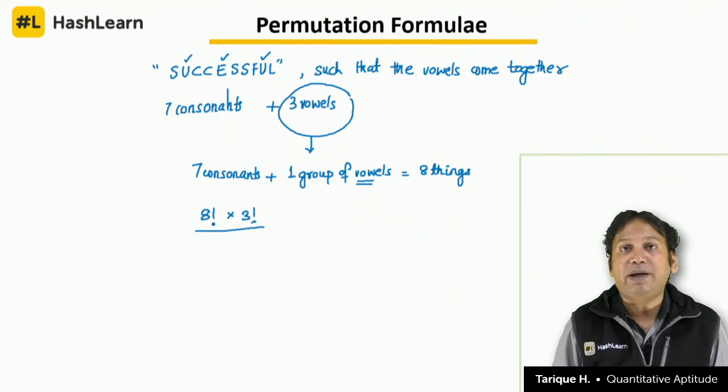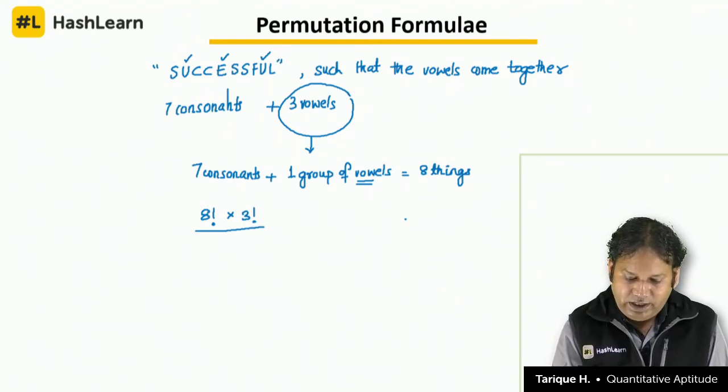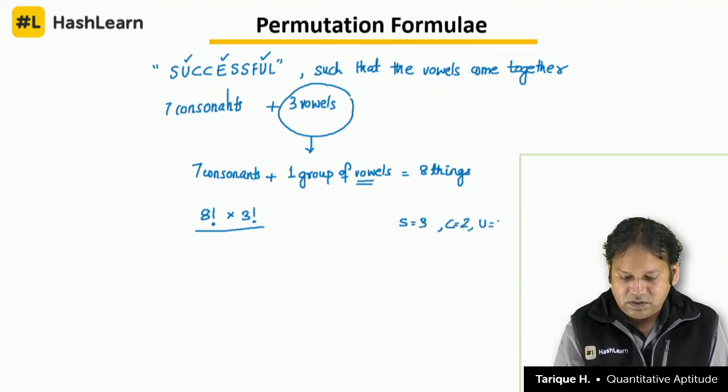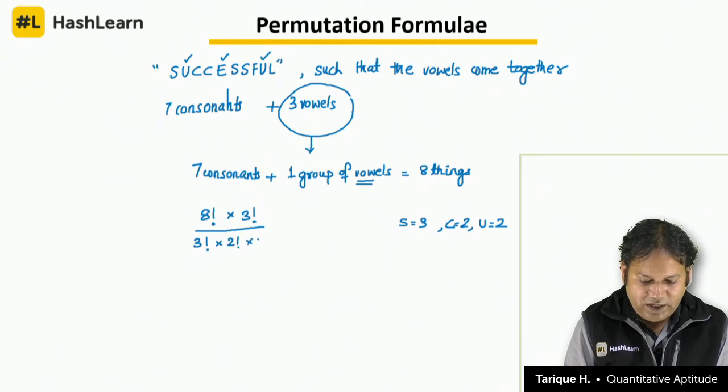Now, the denominator will depend only on the things which are repeating. So, S is repeating 3 times, C is repeating 2 times and U is repeating 2 times. So, divide by 3 factorial into 2 factorial into 2 factorial, cancel out 3 factorial, and you will get your final answer: 8 factorial divided by 2 factorial whole square.